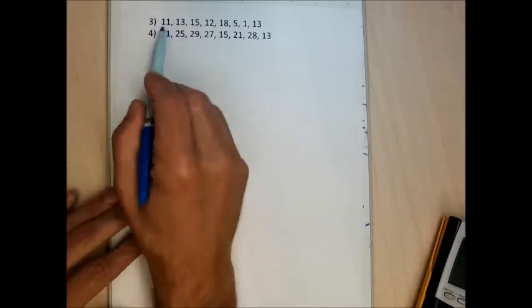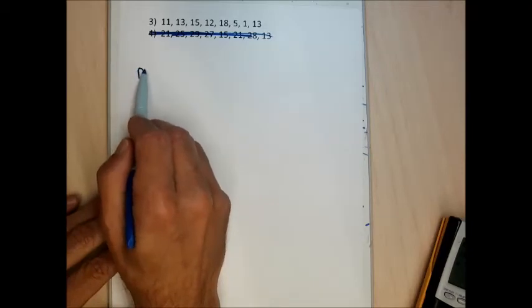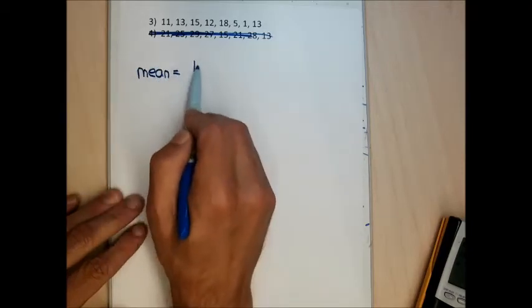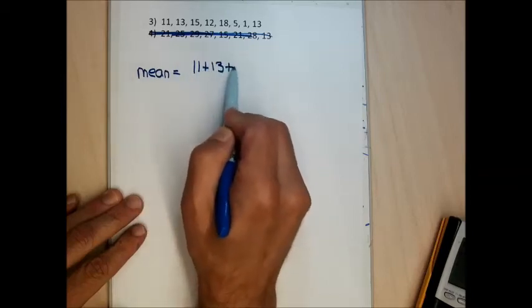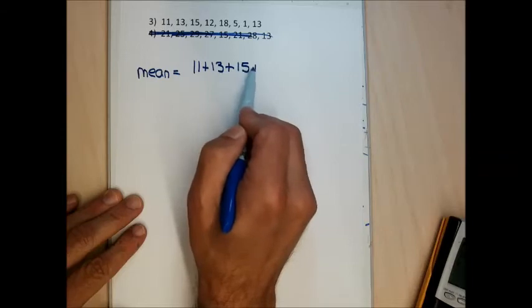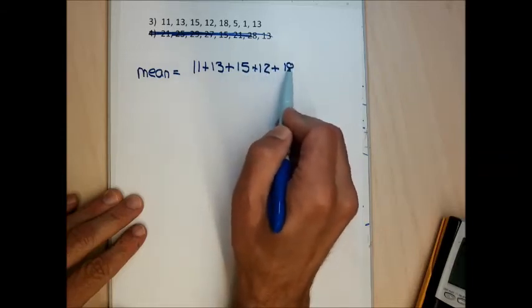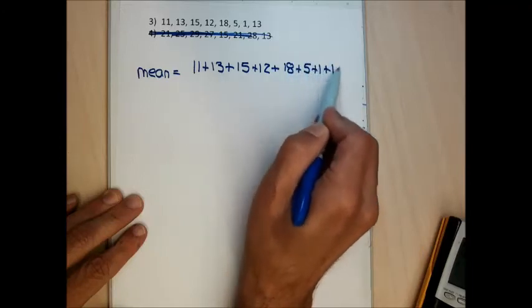I'll just do 3 with you. So in order to do 3, if I want to find the mean, I don't have to reorganize the data. So to do the mean, I'm going to go 11 plus 13 plus 15 plus 12 plus 18 plus 5 plus 1 plus 13.